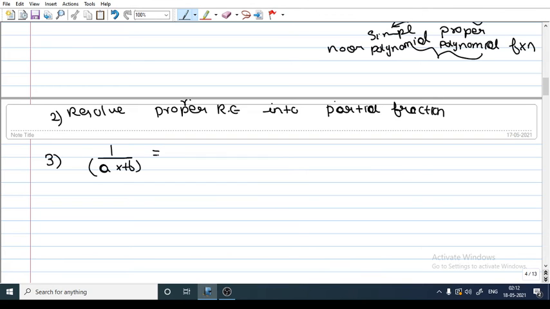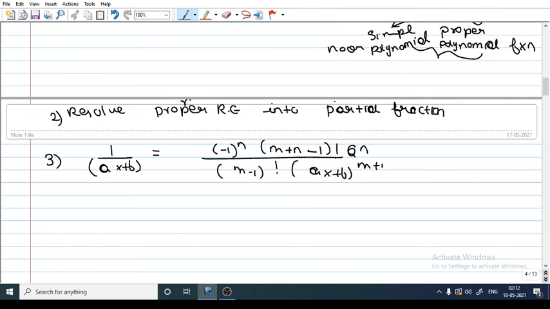You have to find the nth derivative of this. What was the formula for this? It is nothing but (-1)^n times (m+n-1) factorial times a^n, the whole upon (m-1) factorial times (ax+b) to the power m+n. So this was the formula for d^n/dx^n of this.